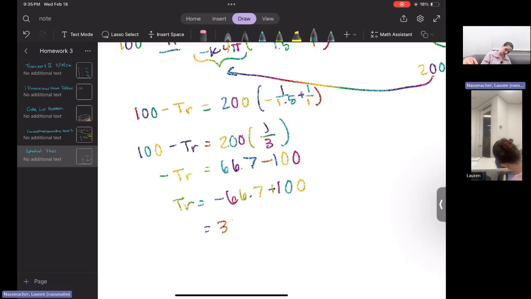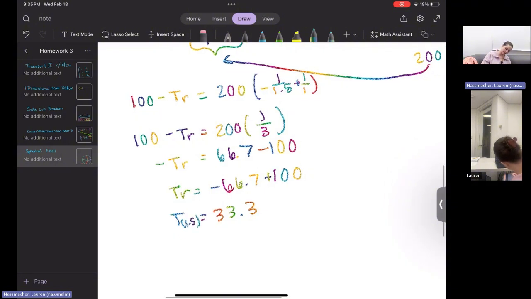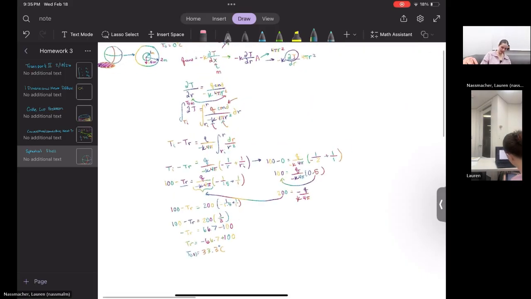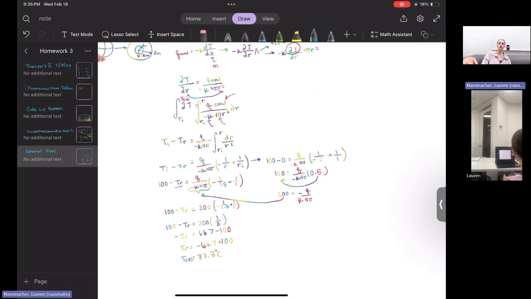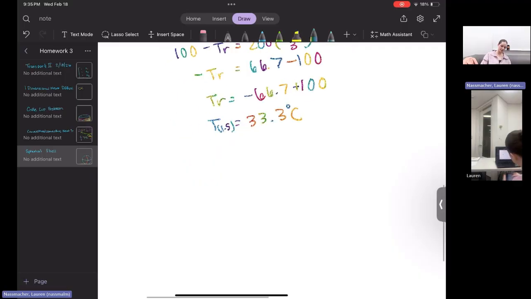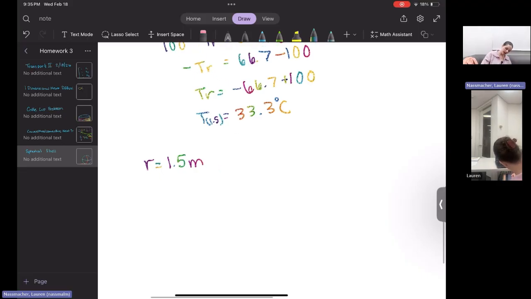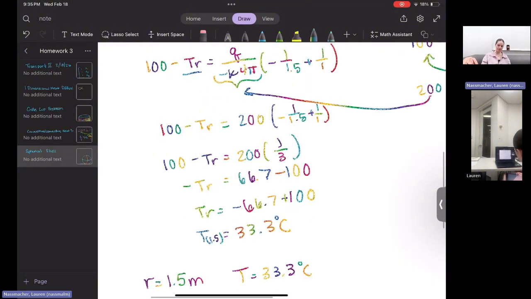And we get 33.3 as our temperature at the radius 1.5. So, after learning this whole expression, we have come to the conclusion that at the radius 1.5 meters, our temperature is 33.3 degrees Celsius.